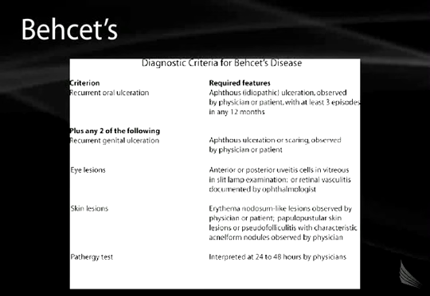The erythema nodosum-like lesions seen in the skin, or the papulopustular skin lesions, can be seen in these patients as well. And the pathergy test, which we talked about, where a skin prick generates a pustular lesion 24 to 48 hours after the initial skin prick is performed.